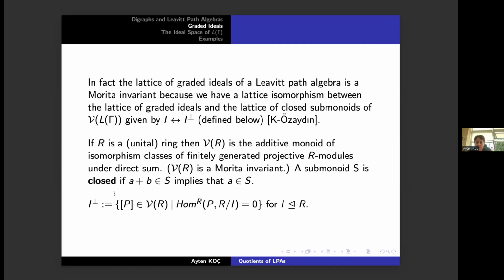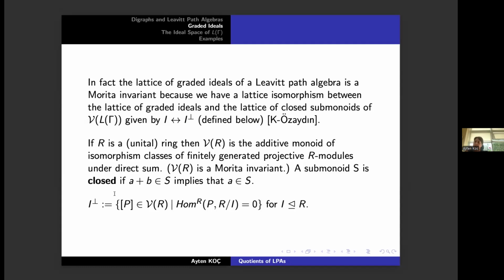In my joint paper with Perera and Maria Angeles Moreno, we showed that the lattice of graded ideals of the Leavitt path algebra is isomorphic to the lattice of ordered ideals of the monoid. It's a different lattice, but essentially the same thing. And certainly, two Morita equivalent algebras will give you, up to isomorphism, the same monoid. So essentially, this is the reason that graded ideals are Morita invariant.